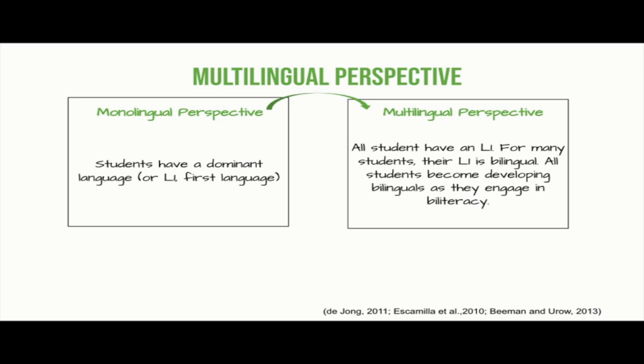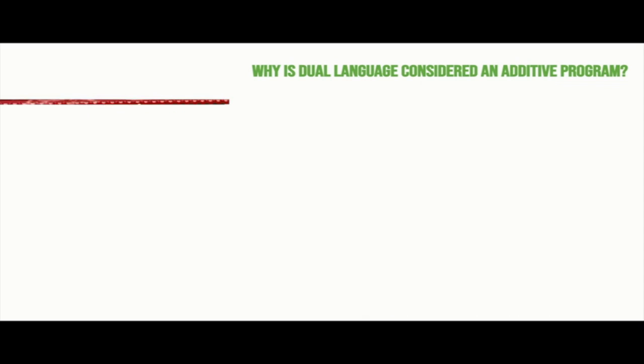Their level of proficiency in the 2 languages might differ, but they do come to us with some proficiency in both languages. This means that our students need instruction in both languages every day, beginning at entry into the program. And with dual language, we have the opportunity to do just that for our students.